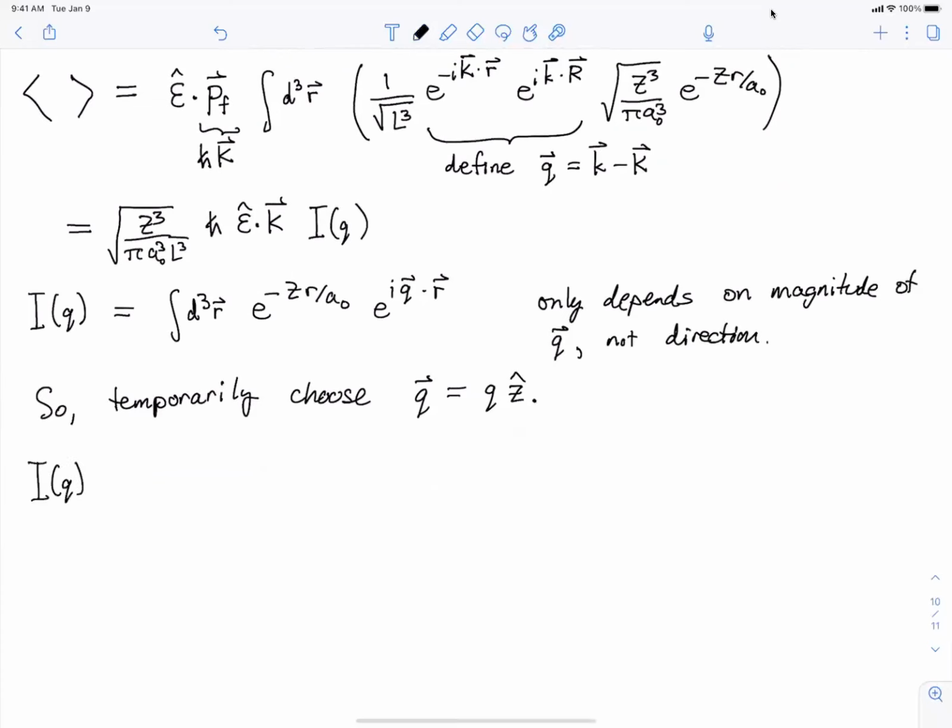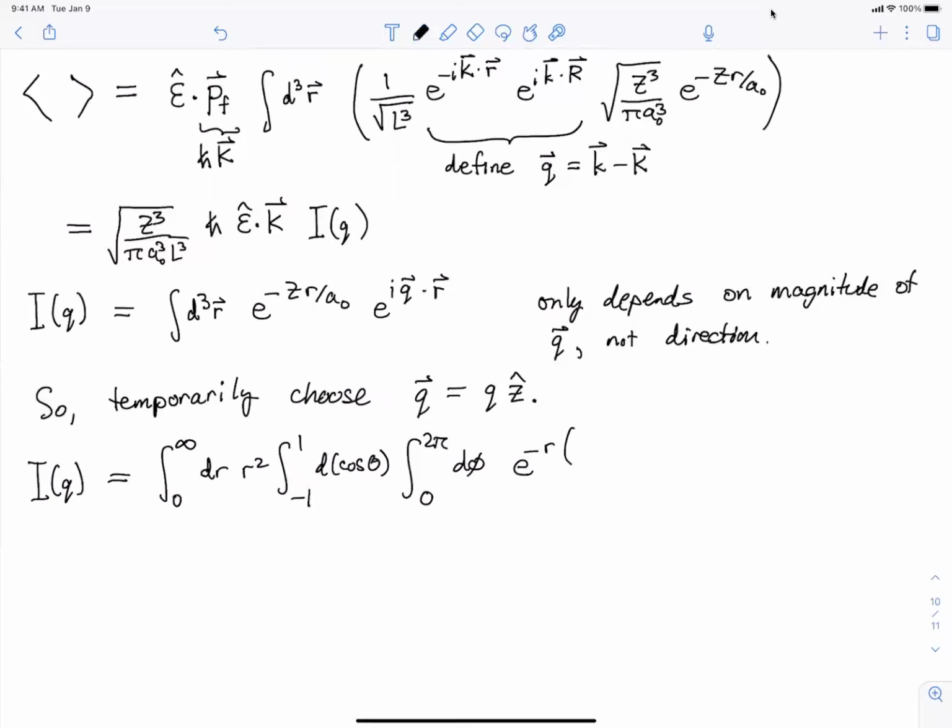Okay, so let's do that. Now we're going to just write everything in spherical coordinates. So there's a dr r squared. There's a -1 to 1 d cosine theta. There's a 0 to 2 pi d phi. And then there is going to be an e to the minus r.